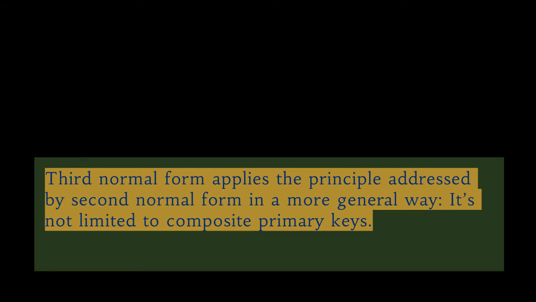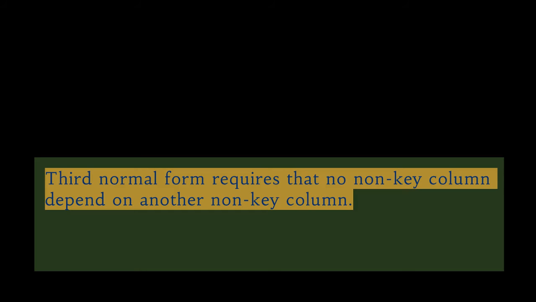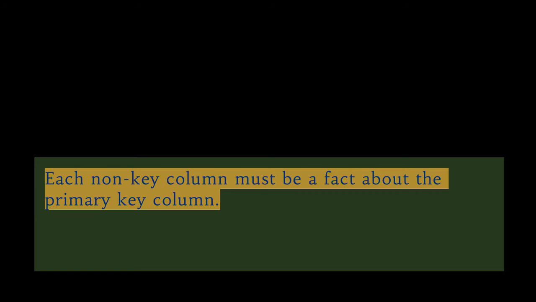Third normal form applies the principle addressed by second normal form in a more general way. It's not limited to composite primary keys. Third normal form requires that no non-key column depend on another non-key column. Each non-key column must be a fact about the primary key column.